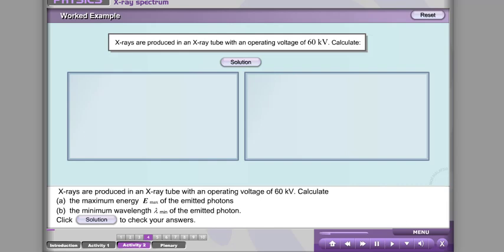X-rays are produced in an X-ray tube with an operating voltage of 60 kV. Calculate A, the maximum energy E maximum of the emitted photons, and B, the minimum wavelength lambda minimum of the emitted photon. Click the solution button to check your answers.